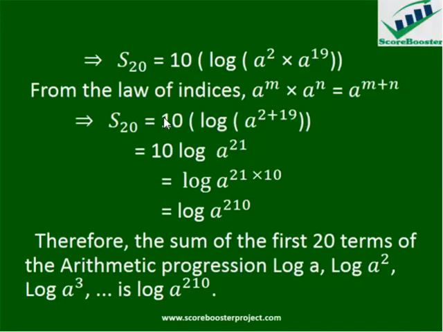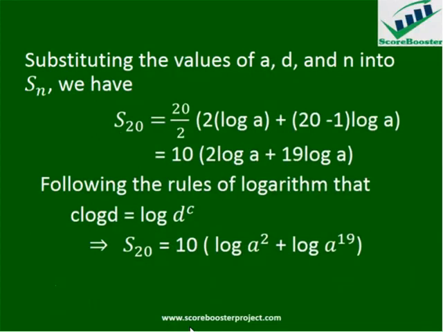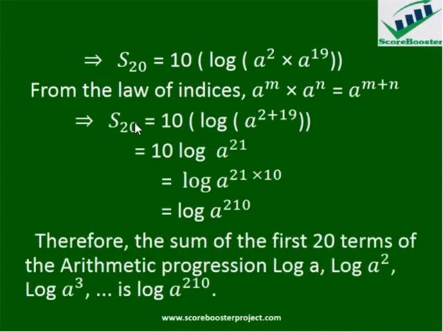Also, log a plus log b is the same thing as log of a multiplied by b. So log a squared plus log a raised to the power 19 is the same thing as log of a squared multiplied by a raised to the power 19. S20 is equal to 10 multiplied by log of a squared multiplied by a raised to the power 19.